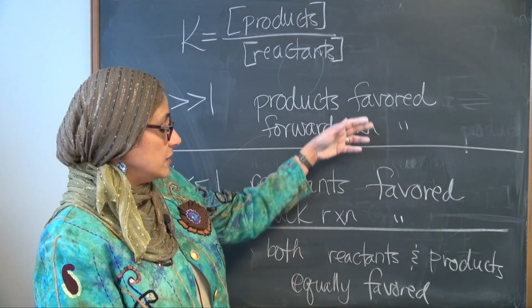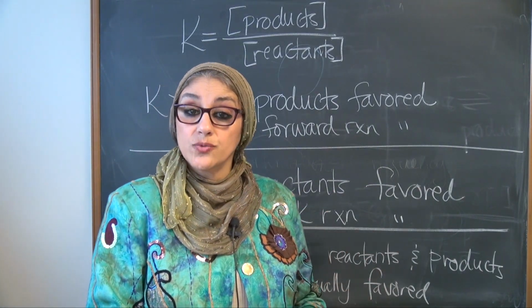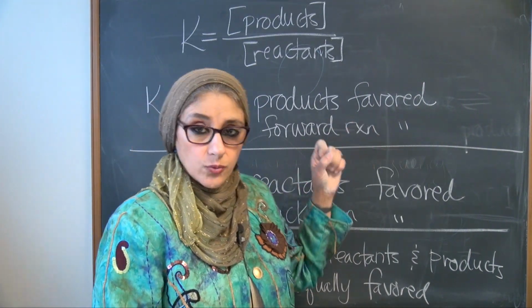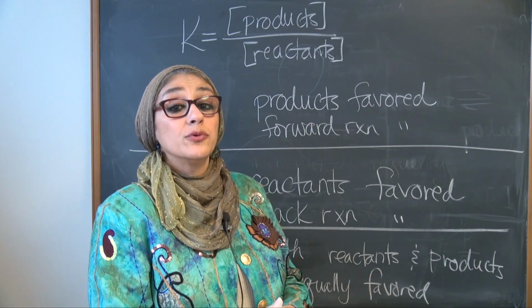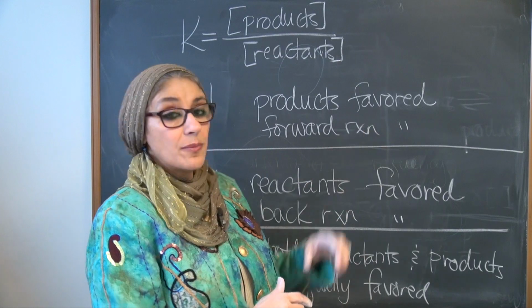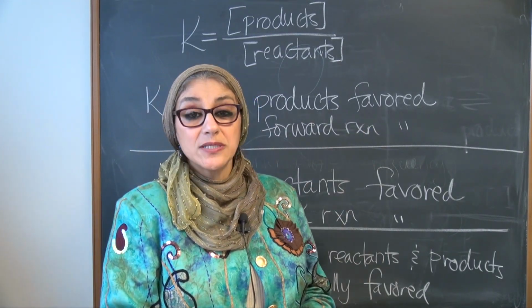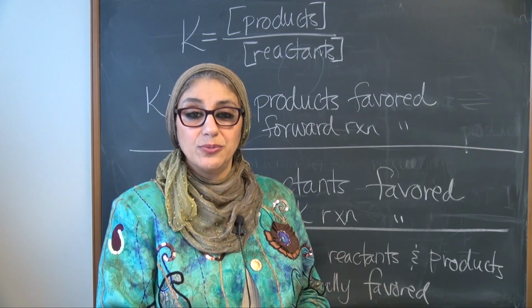The word favored is thermodynamic, and as we keep going in our studies, we're going to look at thermodynamics and see what favorability really means from a thermodynamic standpoint. There is a thermodynamic function that we are going to learn that talks about favorability. And that, my dear students, wraps up our video on the introduction to equilibrium and the equilibrium constant.